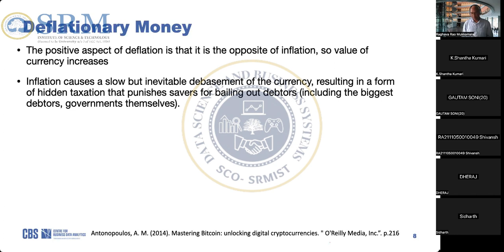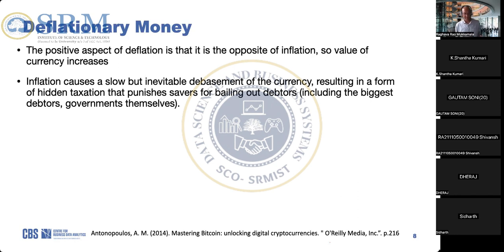And normally what the governments will do is they will debase the currency. So what does it mean? Let's say that we have 100 rupees, right? And then we have a steady inflation over several years. So the value of the 100 rupees will get down to 10 rupees or something like that. And then rather than saying that the value is very low, they will make a correction to the currency so that the value is fixed at 10 rupees.